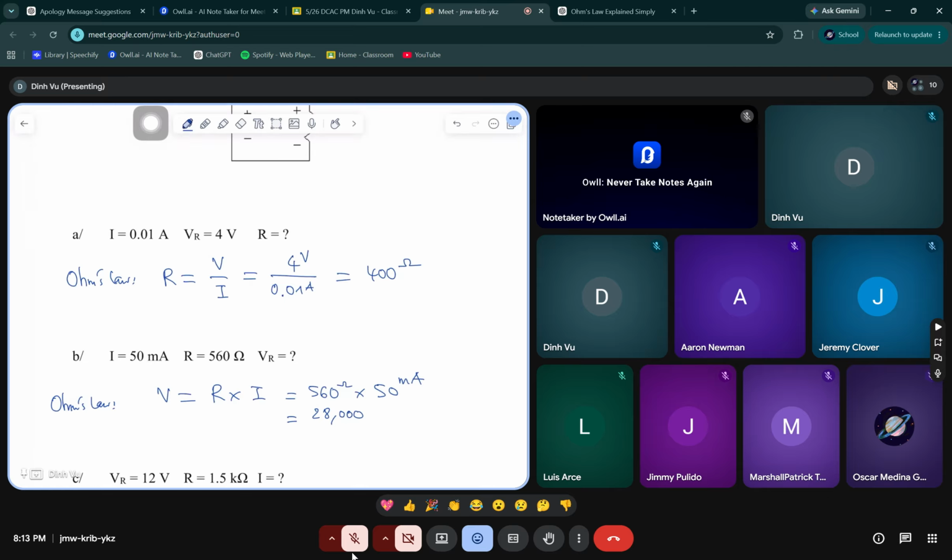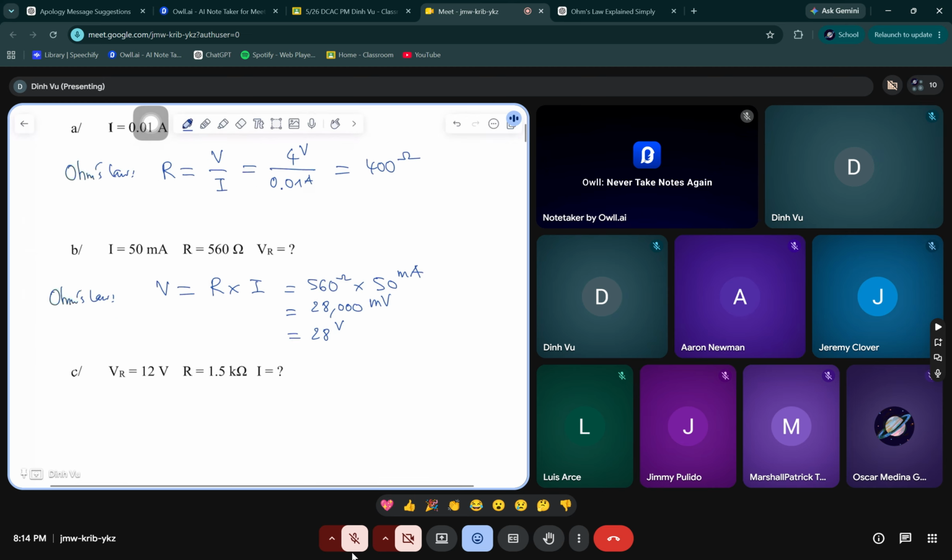If you multiply them, you should obtain the unit in millivolts. 28,000 millivolts. This is 28 volts. Okay?